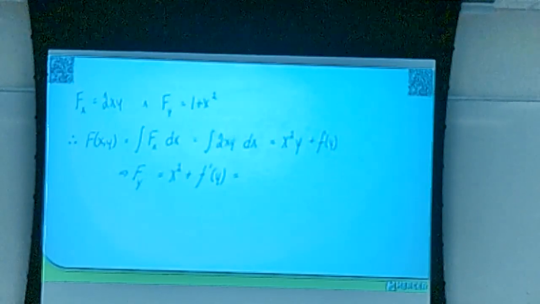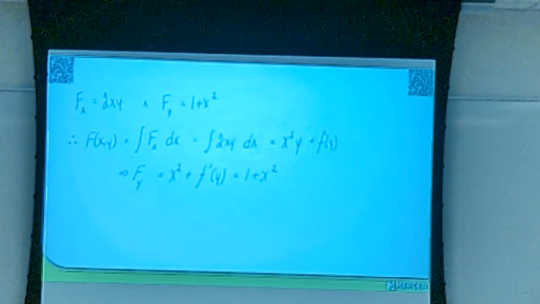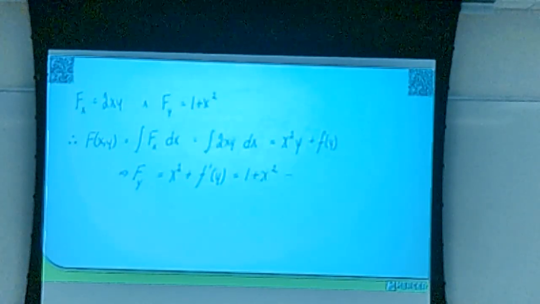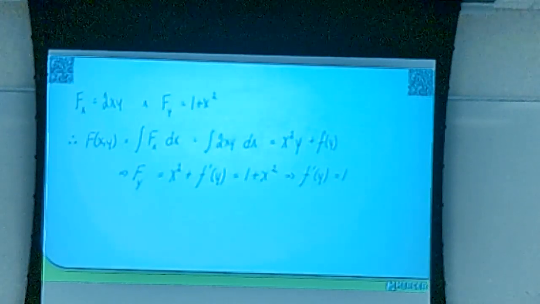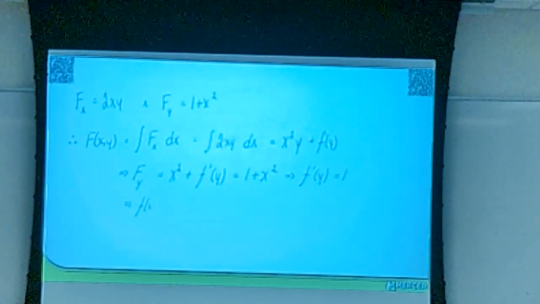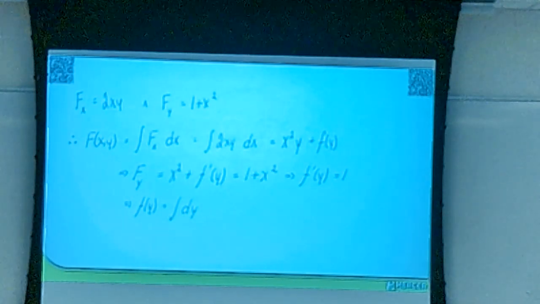But that has to equal 1 plus x squared. Which means that f prime has to be 1. That means that f of y has to be the antiderivative of 1 with respect to y.